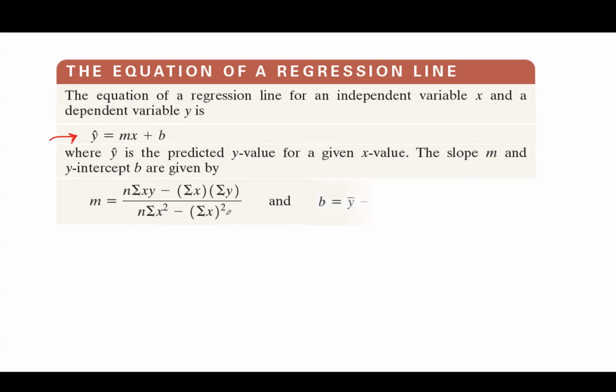And in order to find the y-intercept, it is y bar minus m x bar. Y bar is basically the average of y values. M is the slope that you calculated here, and x bar is the average of all x values. So by using the average of x and y's, you can find the y-intercept, and then write the equation of the regression line.